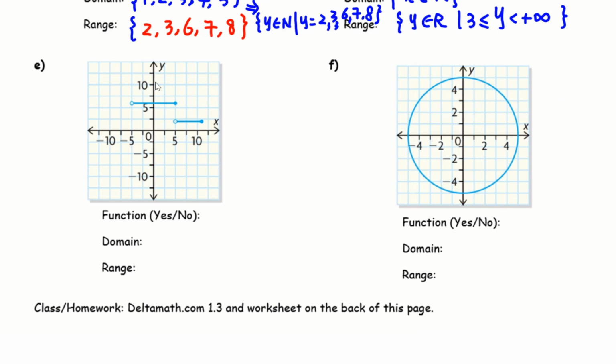For functions, use the vertical line test, each time only one intersection. But here be careful, you will see it looks like you have this point of intersection, and another one is here, but here is an open dot, so it doesn't include this point, so you only have one point of intersection.